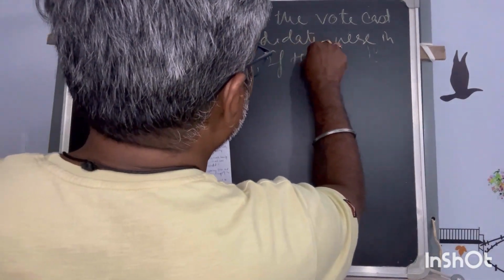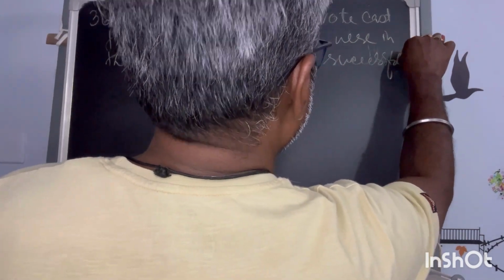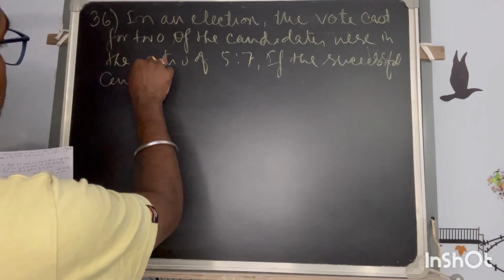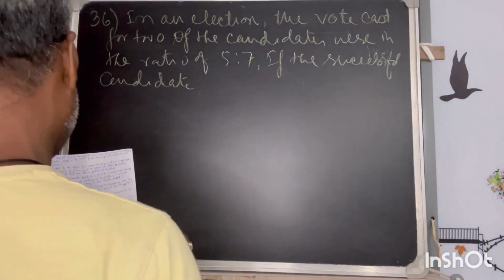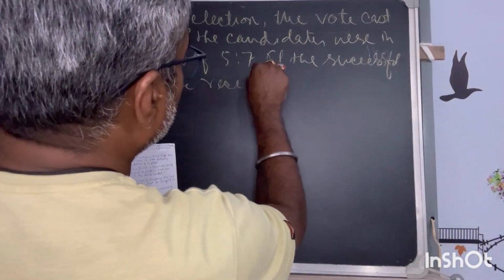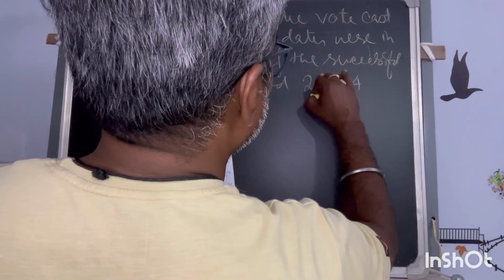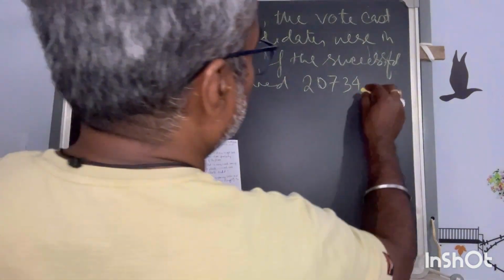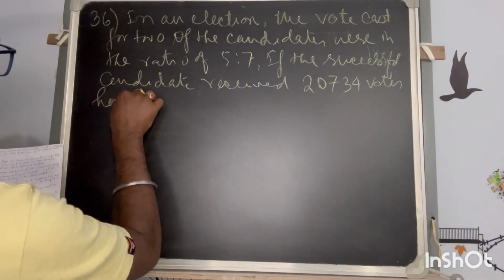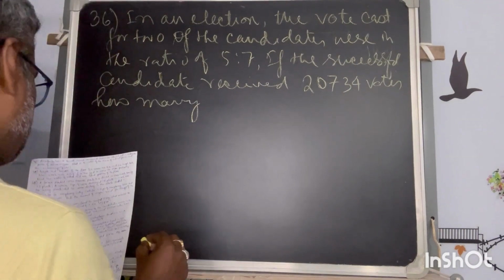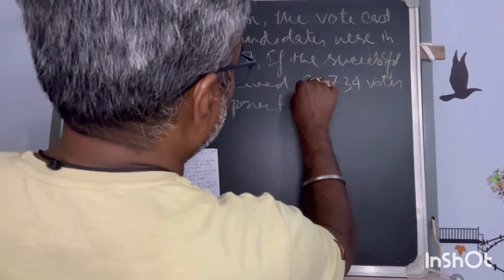If the successful candidate received 20734 votes, how many votes would the opponent have received?